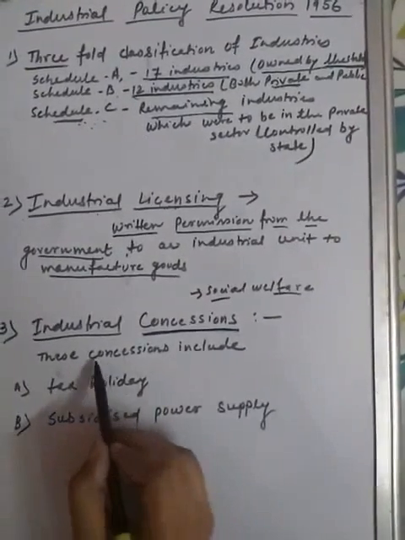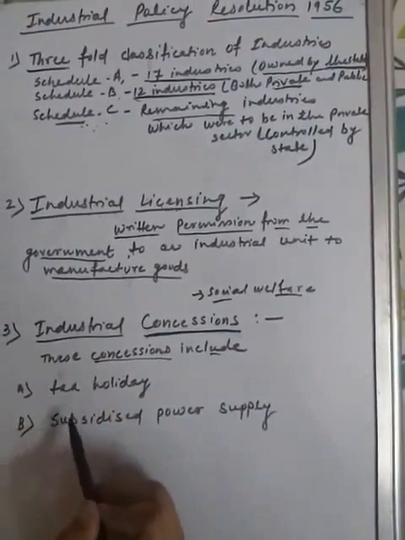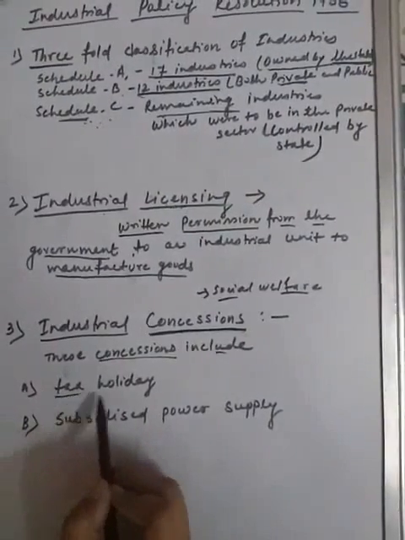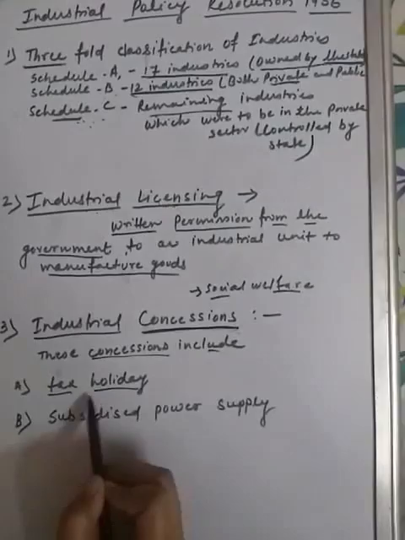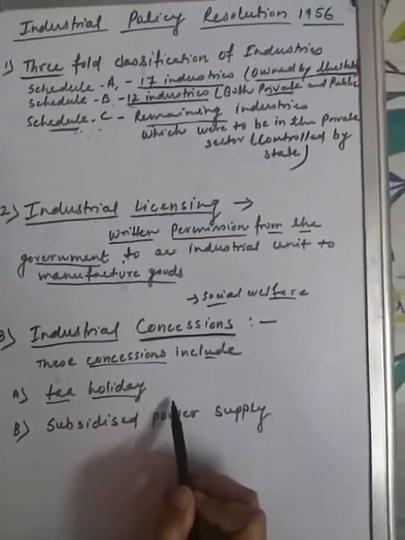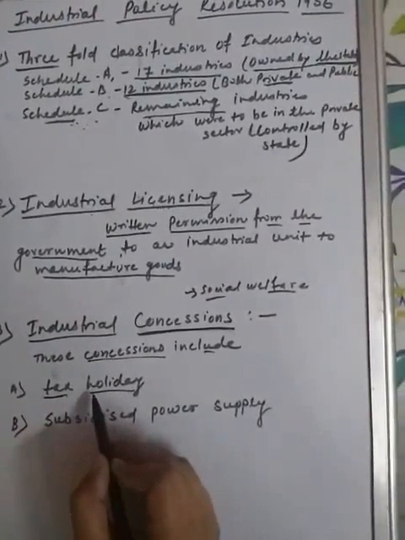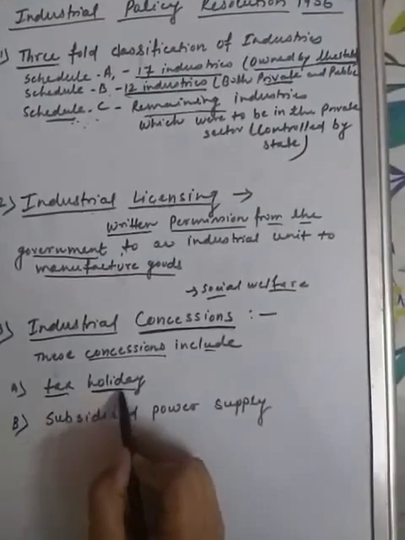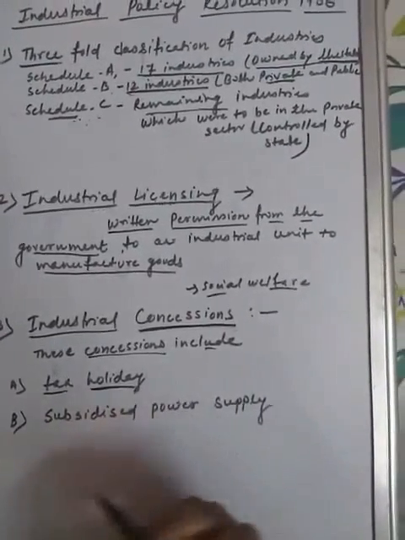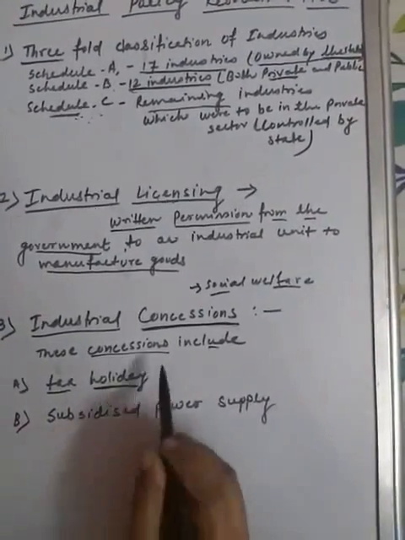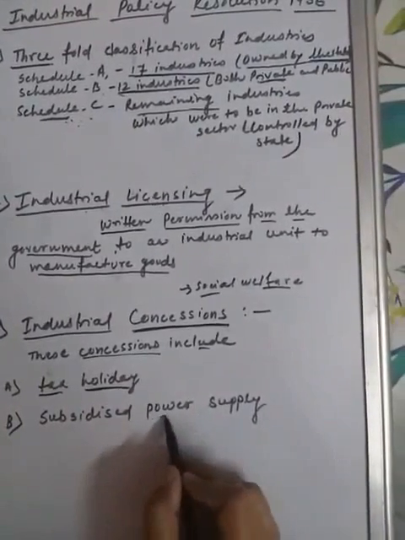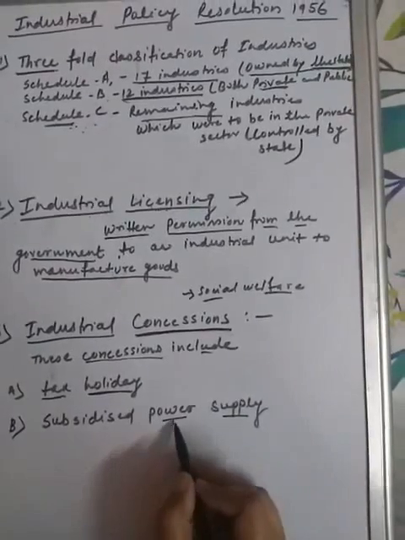These concessions include, first, what is known as tax holiday. Tax holiday means freedom from the payment of tax for some time. And the second relaxation or concession was subsidized power supply. Power supply means electricity supply.